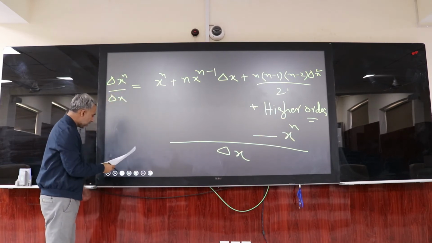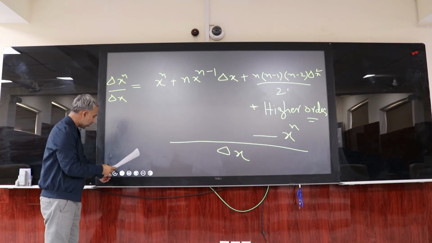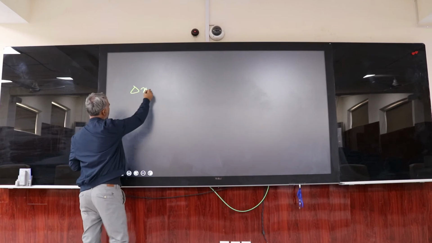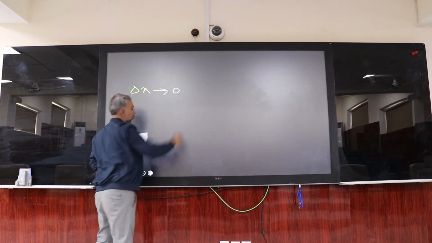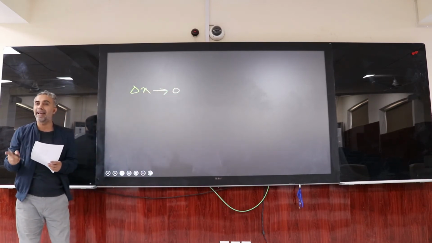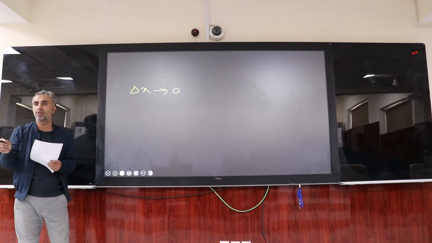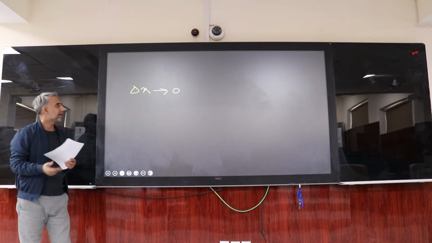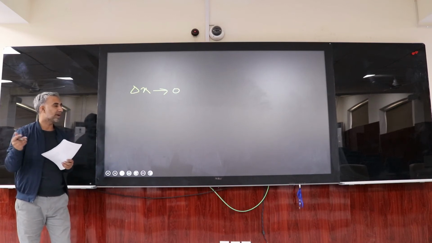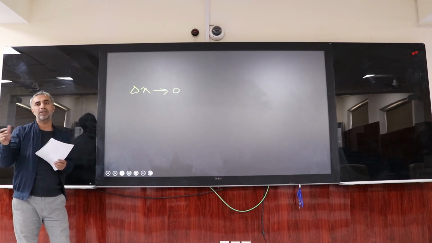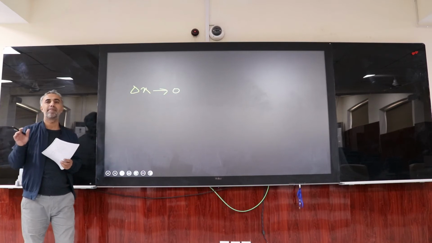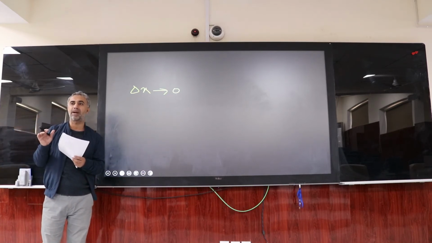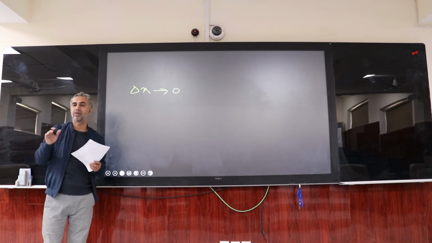What you want to do, basically, is transform this so that delta x approaches 0, but not exactly 0. For example, if you are riding a bike or driving a car and there is a speed breaker, you will apply brakes, but you will not abruptly stop the car 100%.